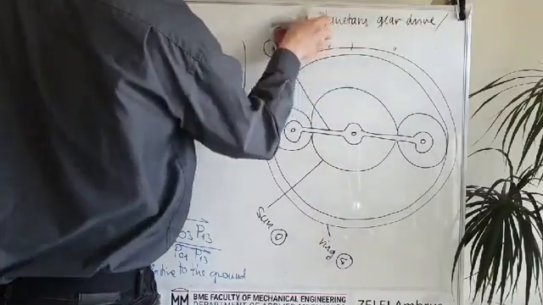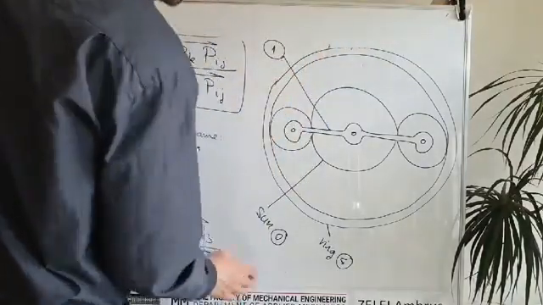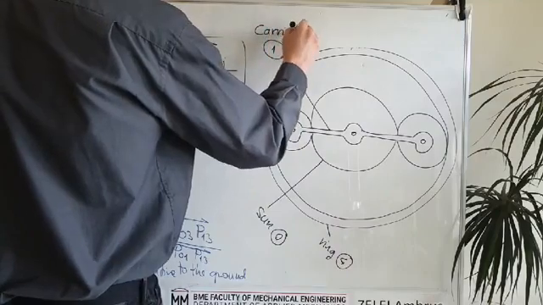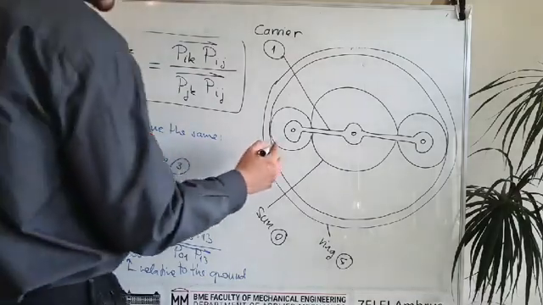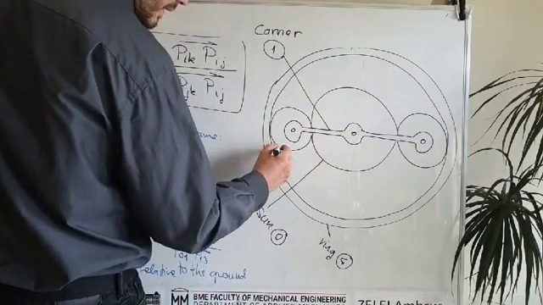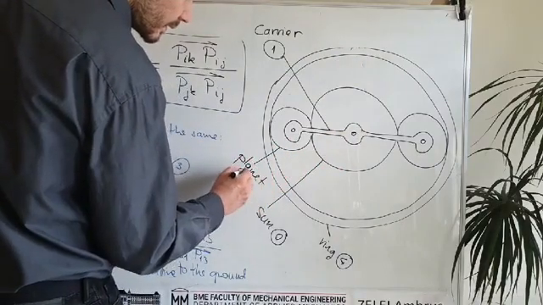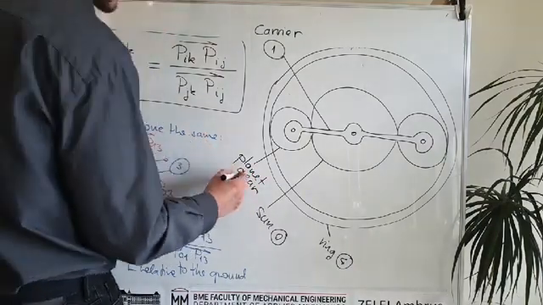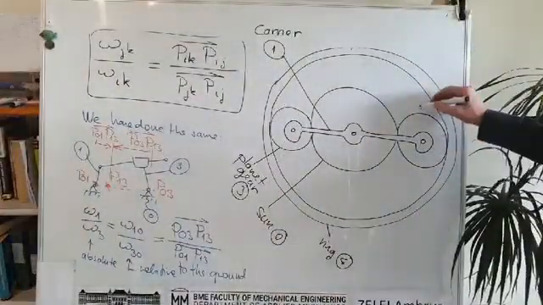Now we can get rid of the title. So this is the carrier, because it carries the 2 planet gears, but we have 2 planet gears. In more complex cases there can be 3, 4 or 5. So this is a planet gear with number 3, and the planet gear on the right hand side will have number 2.